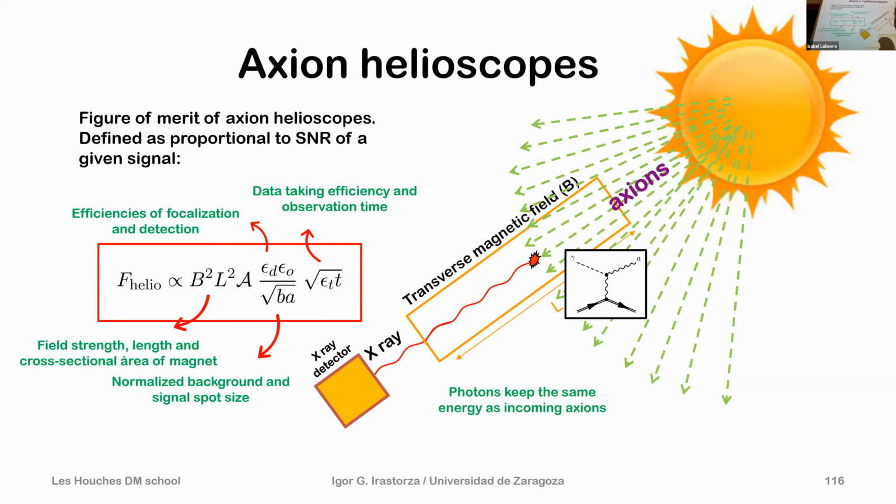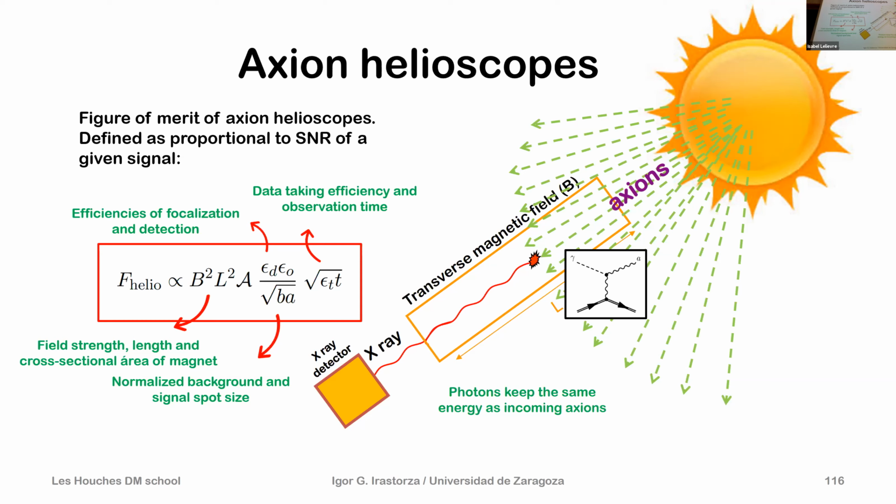But sorry, before that, I have as usual the figure of merit, so that you understand the main experimental parameters. The ones that enter the probability of conversion: B squared, L squared, and the area of the bore. This is new because the flux of solar axions is not a laser beam, you have a big flux.